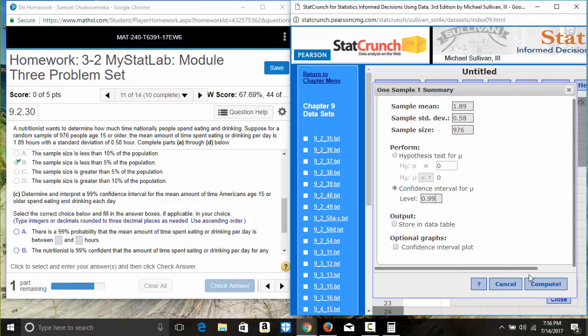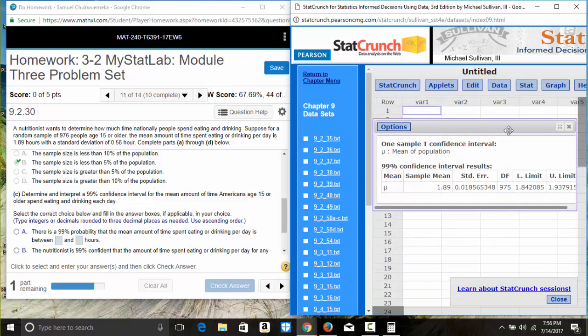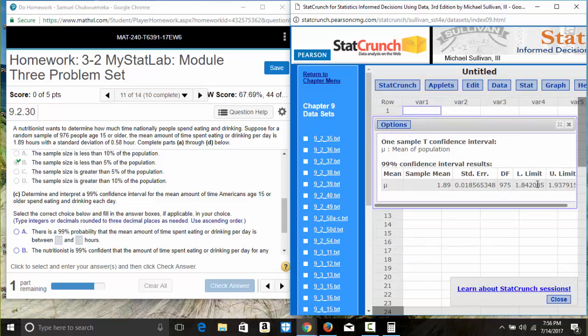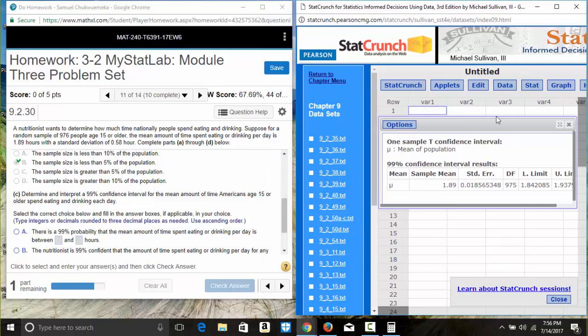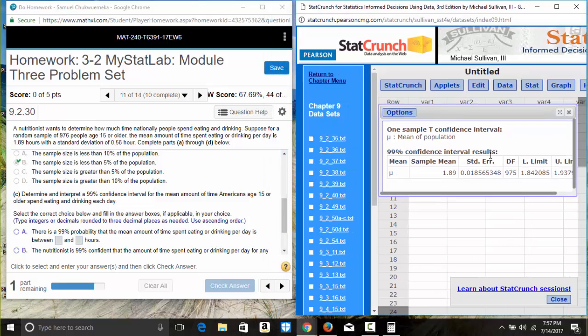You don't really need the other option, so you just click Compute. And we see here, let me move this. There you go.